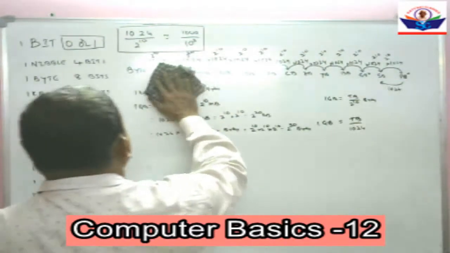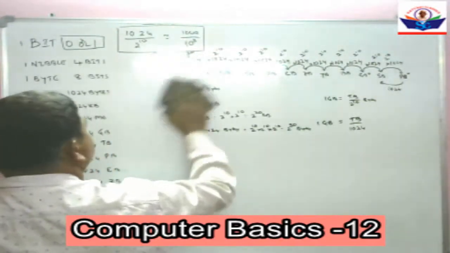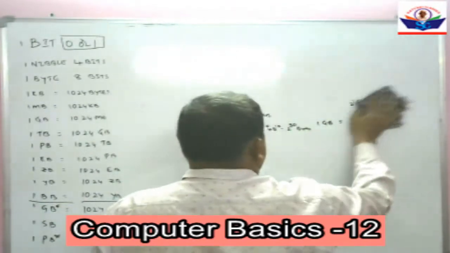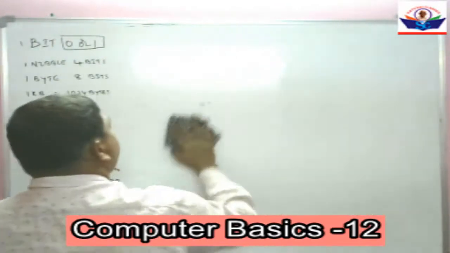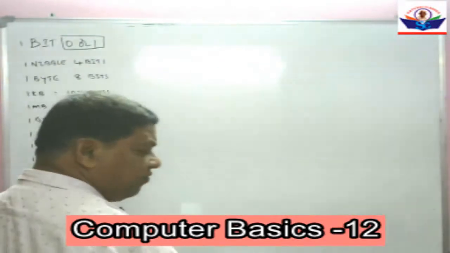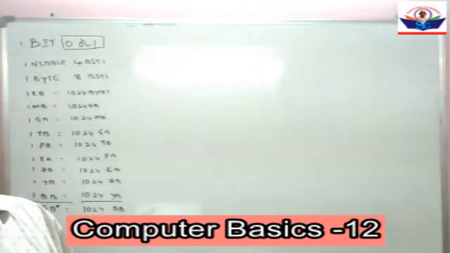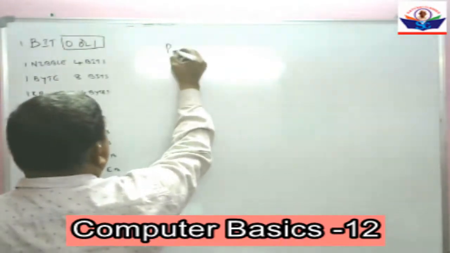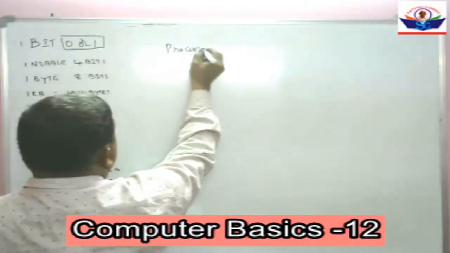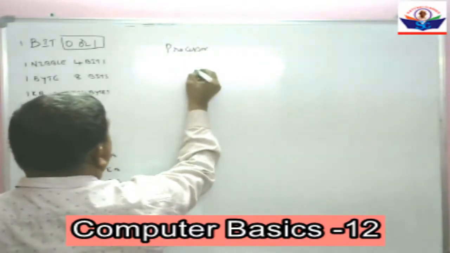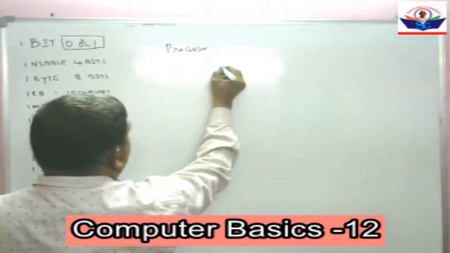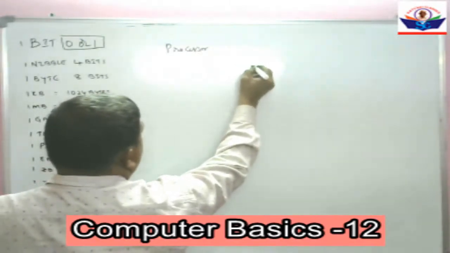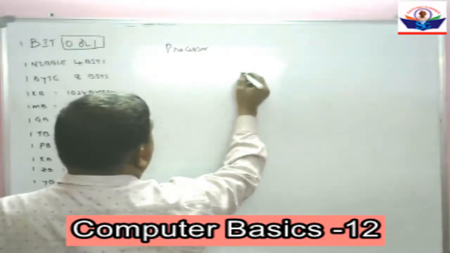Now we'll discuss memory. Memory means space. If you want to purchase a smartphone, we look for components like processor.